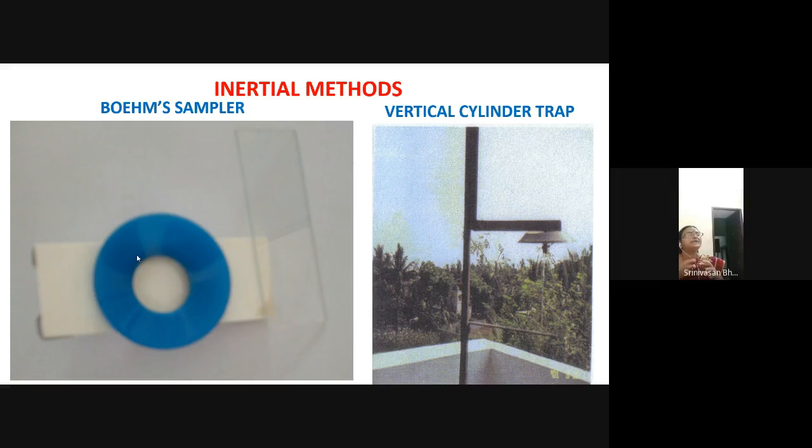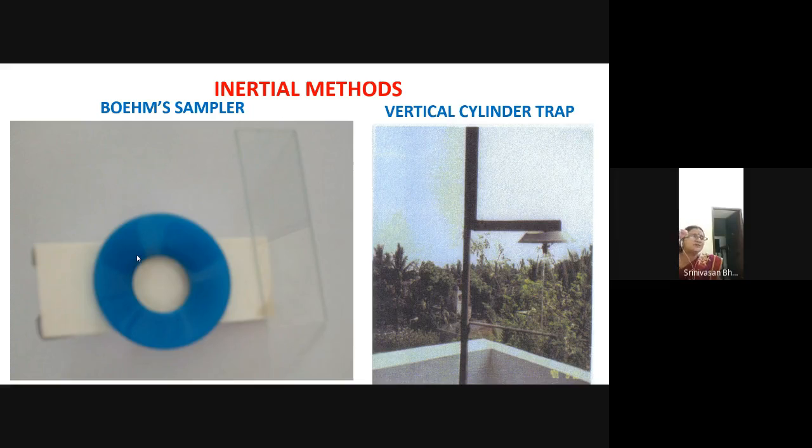Next is the vertical cylinder trap. This vertical cylinder trap is nothing but a glass rod, which is 30 centimeters in height and 5 cm in diameter. In this glass rod, the sticky surface is a strip which is dipped in molten wax and wound around the glass rod.